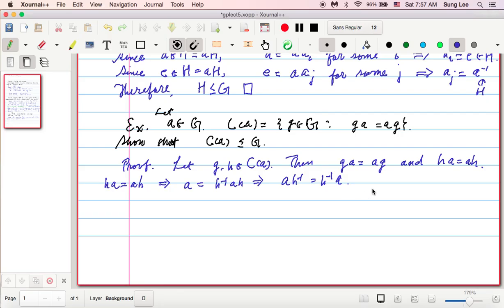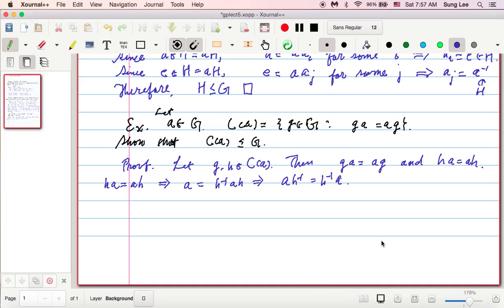We showed that if H commutes with A, H inverse also commutes with A, right? Okay, we showed that.